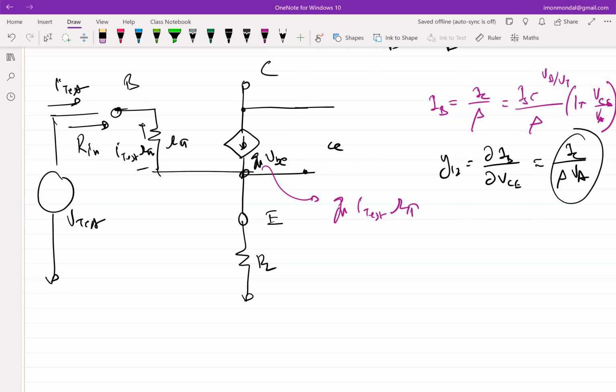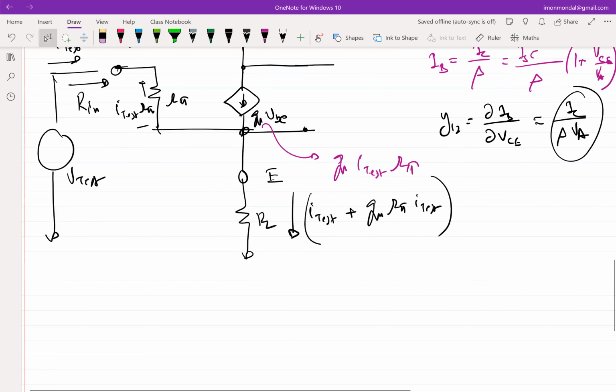I forget about rce for the time being, because current division will not happen through rce, since that is supposed to be quite high. Just like in case of a MOSFET, we wanted rds to be quite high, you can make the same approximation. So this current that comes through RL is the summation of these two branches. So essentially this becomes I test plus gm r pi I test. So this voltage becomes this times RL, right?